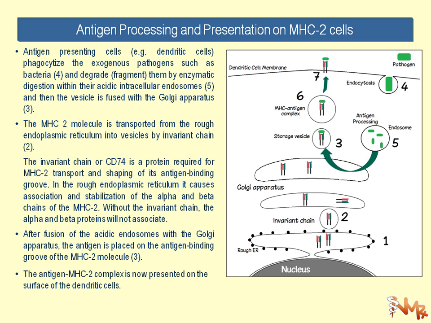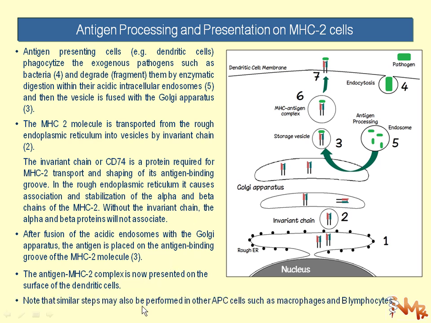And finally, the next step, the antigen MHC2 complex, is now presented on the surface of the dendritic cells or antigen presenting cells. Note that similar steps may also be performed in other APC cells such as macrophages and B lymphocytes.